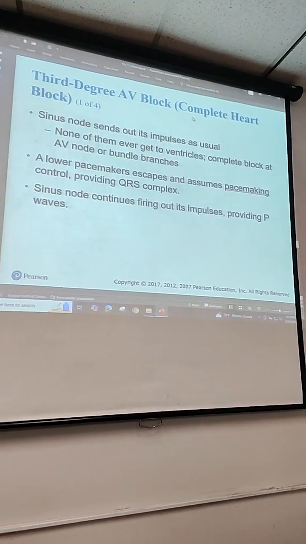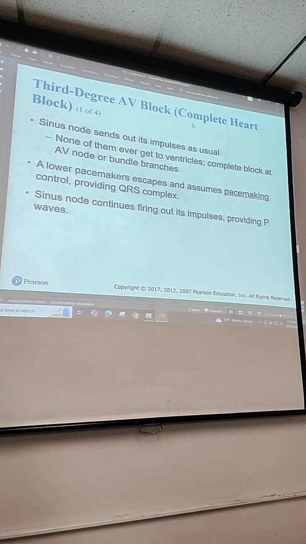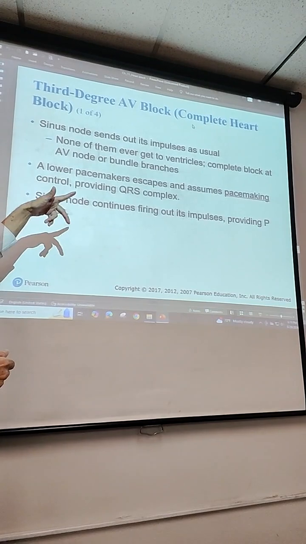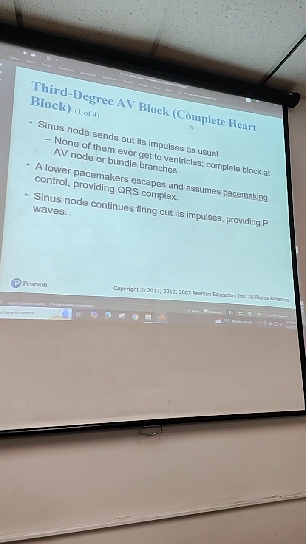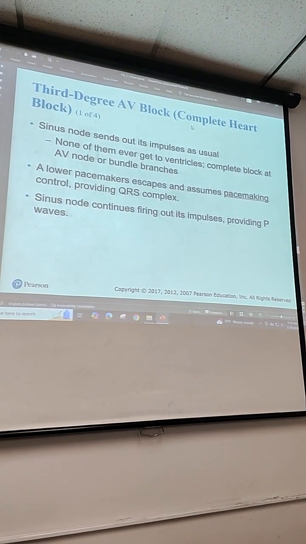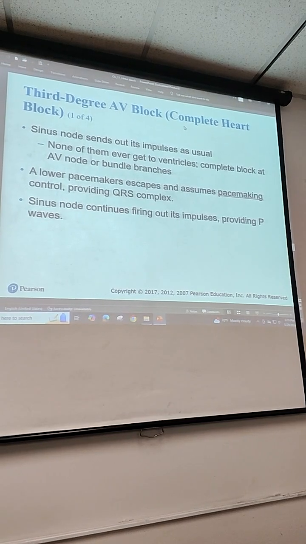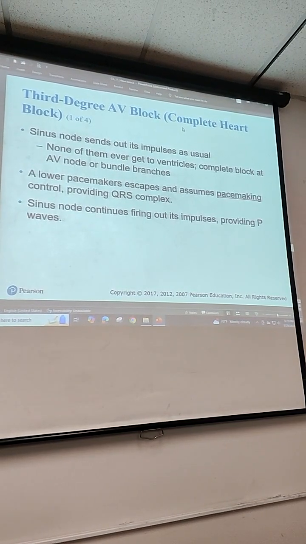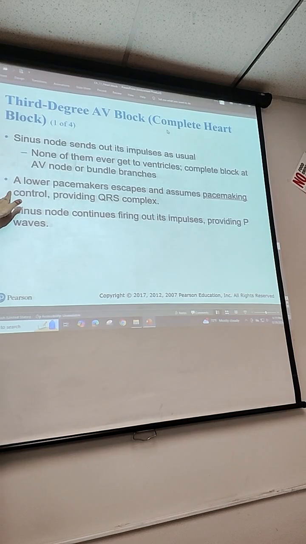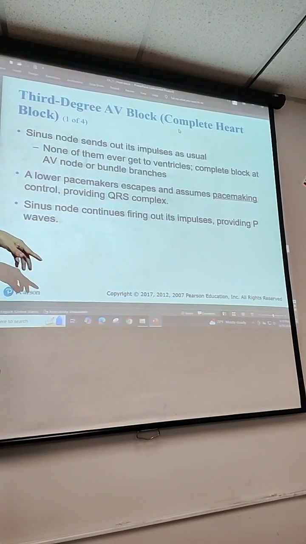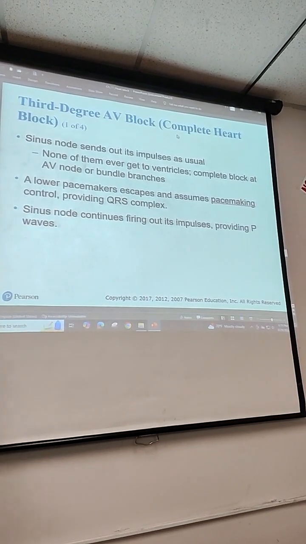So that means that there is a blockage, and it's taking long to be fixed. So the problem is the AV node or the bundle branches. Remember those cables, the middle battery, the gatekeeper. That gatekeeper is actually doing a horrible job because it's not opening the switch so the electrical impulses can go to the ventricles. So it says right here, a lower pacemaker escapes and assumes pacing control, providing QRS complexes.